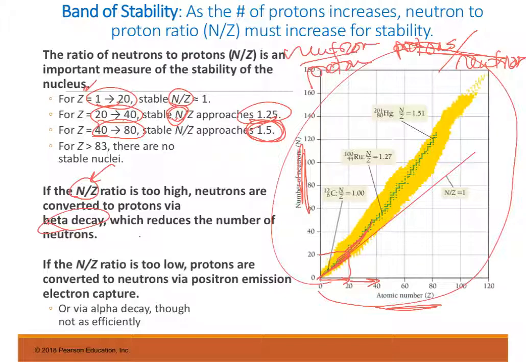If you remember, that is taking a neutron in the nucleus and converting it to a proton and a beta particle. If you don't have enough neutrons, which is quite common, then you have positron emission. Again, that's when you have a proton that converts to a neutron and a positron.